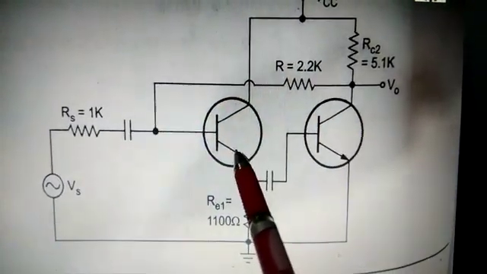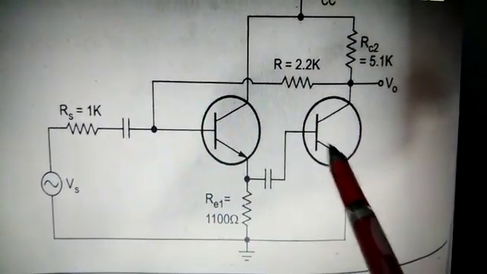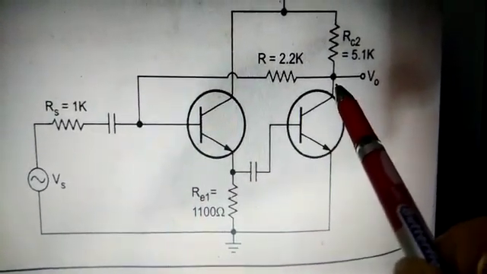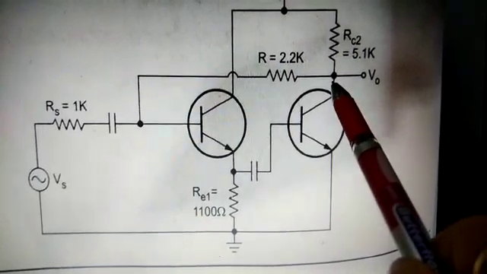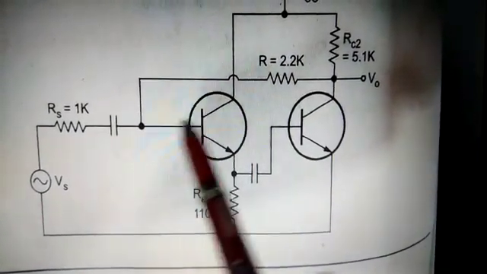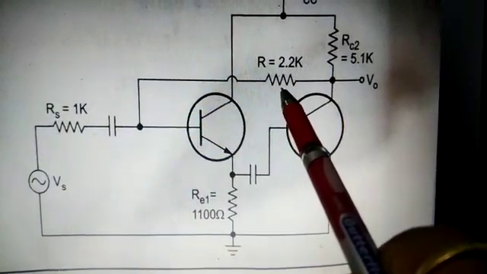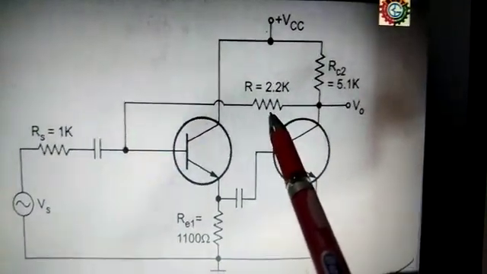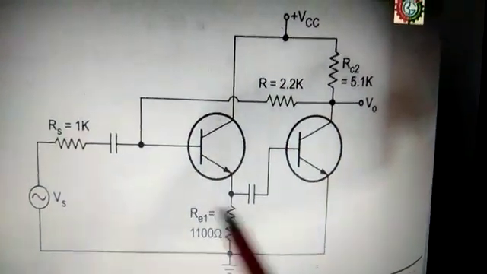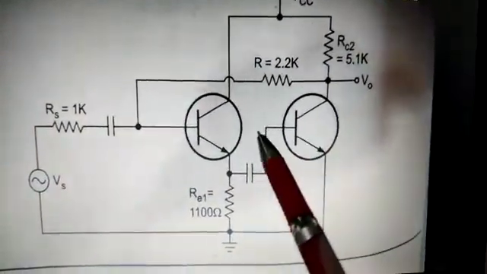So this is common collector followed by common emitter, and the output is taken here. This output is connected to the input of the first stage with a feedback resistance R of 2.2 kilo ohm. This is called the feedback amplifier.